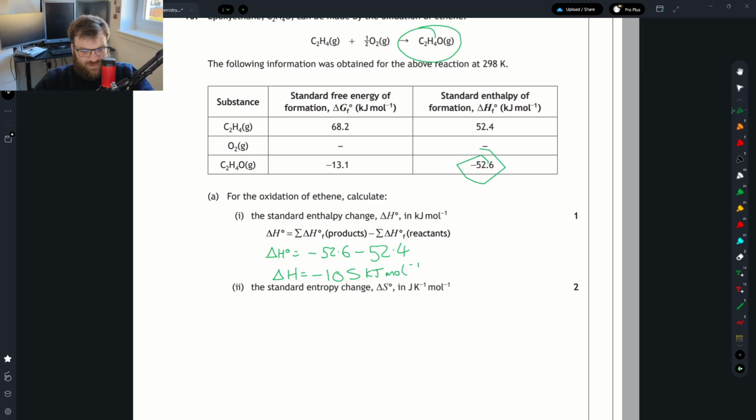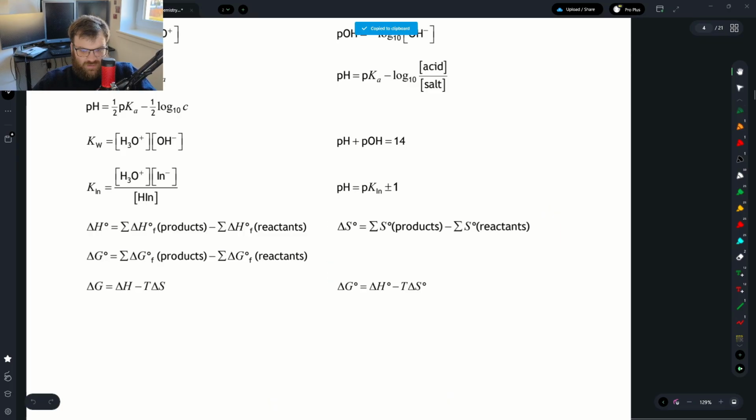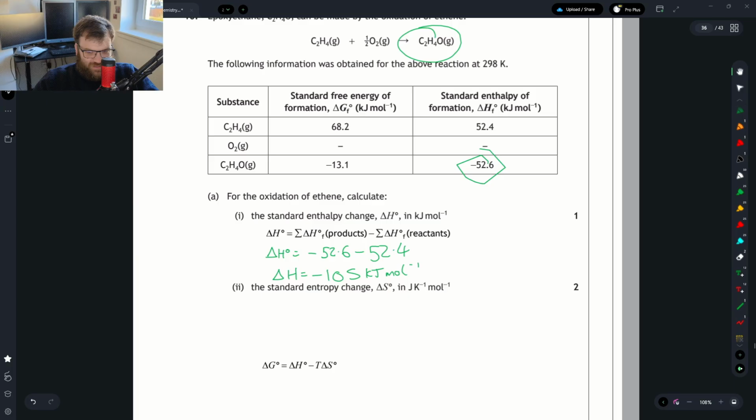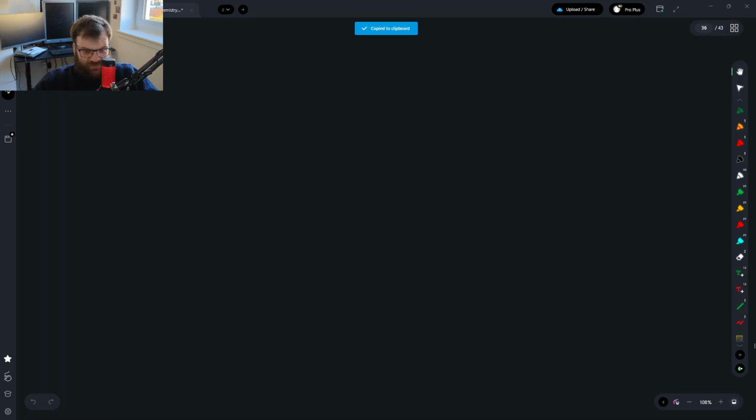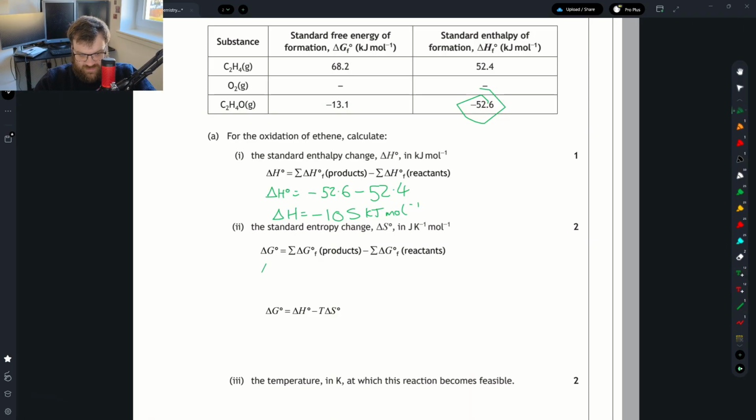Now the next one, we're asked about entropy. There's no entropy values here, but there are 2 things we can use to relate delta S to what we are told. Delta G equals delta H minus T delta S would be helpful. We will have to work out what delta G is. Again, we're doing products, take away the reactants. So let's do that bit first.